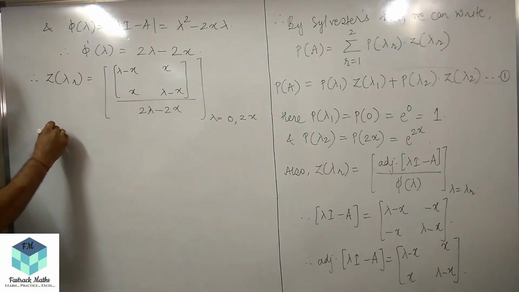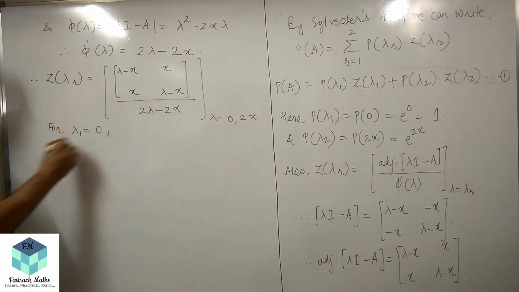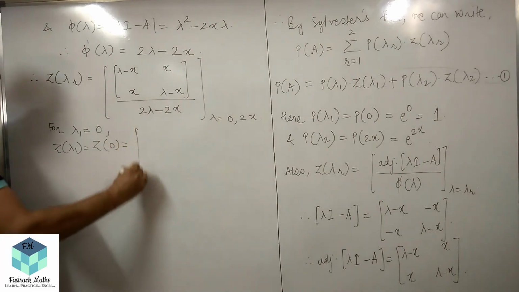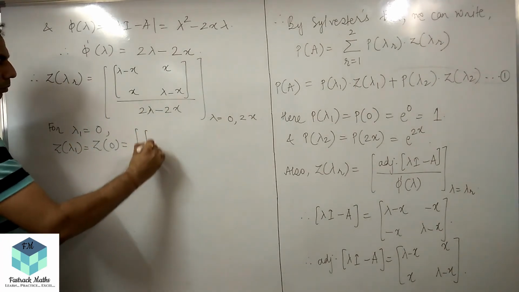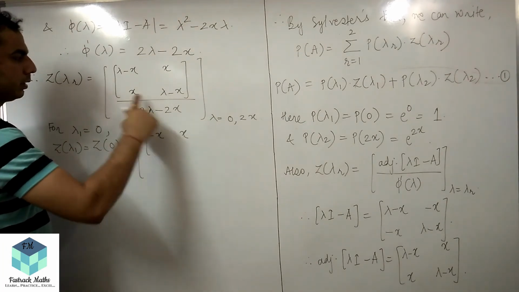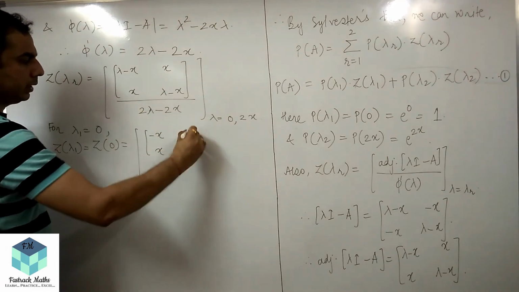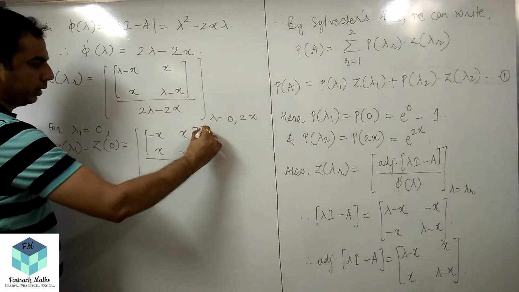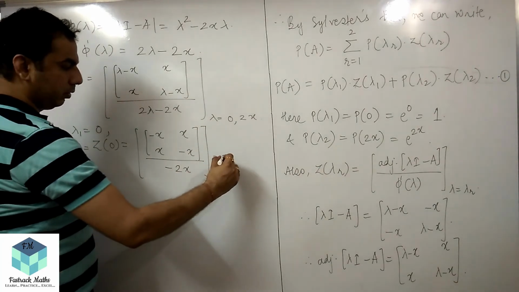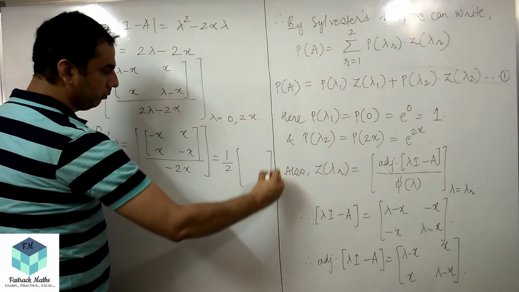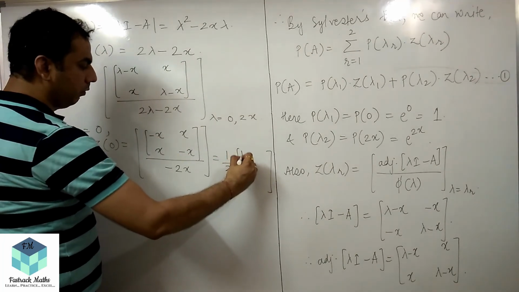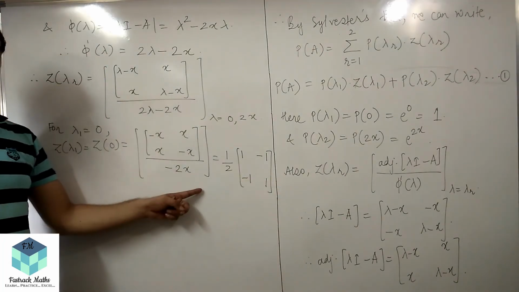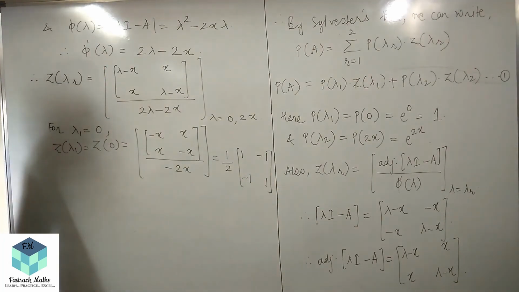So for lambda 1 is equal to 0, Z of lambda 1 will be Z of 0. It is given by [minus x, x; x, minus x] upon minus 2x. So this can be written as 1 by 2 [1, minus 1; minus 1, 1], where we are dividing here by minus x.